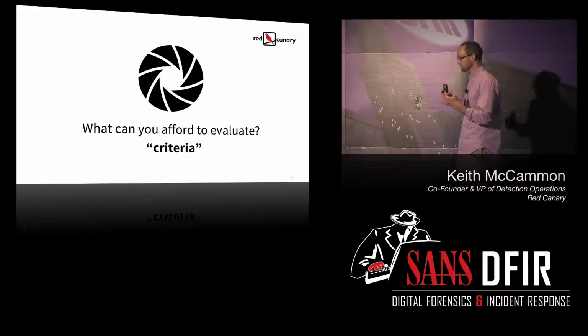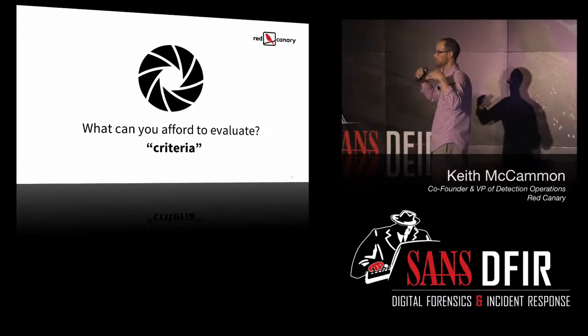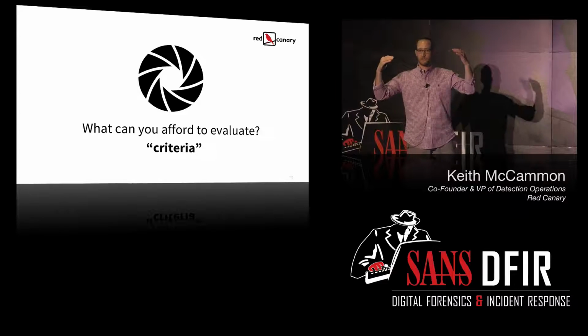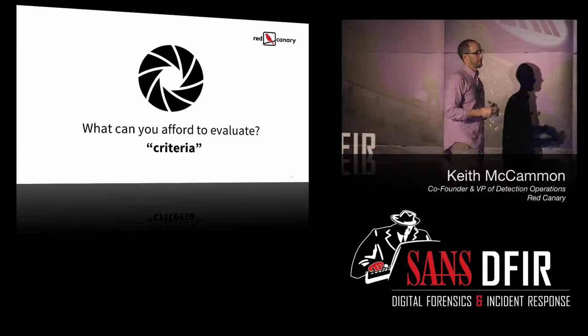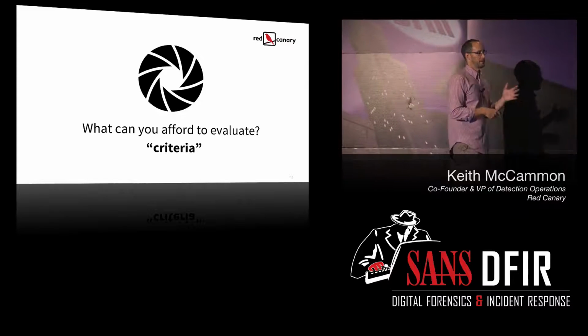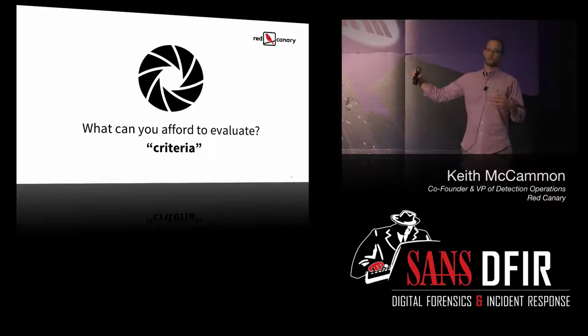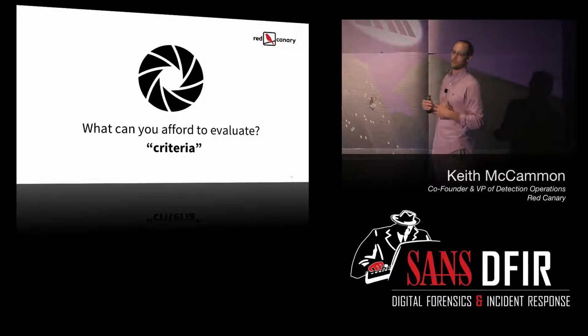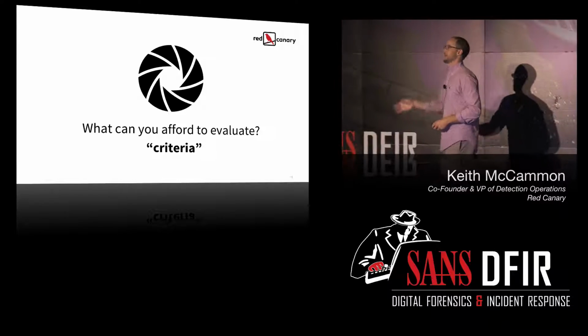Criteria, for our purposes, are attributes or combinations of things that we see flowing in from endpoints that we care about for one reason or another, right? And they can be super broad. The very simplest one, which is extremely broad but really effective, is just to say a process starts, we take a hash of the binary image from which that process came, and then we check to see if we have it.